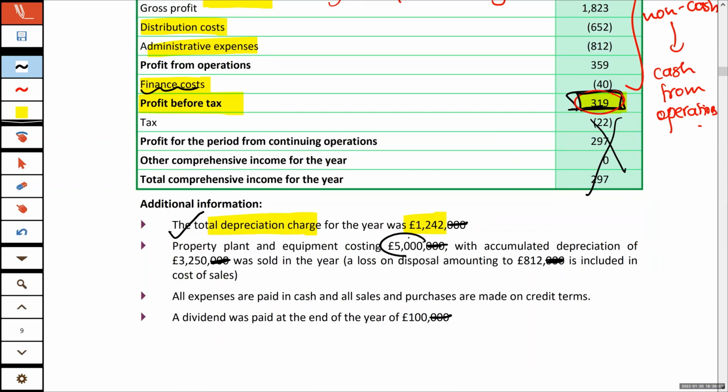Cost being 5,000, accumulated depreciation being 3,250. Therefore, carrying amount is cost of 5,000 minus 3,250, giving me carrying amount or net book value, as we may call it, 1,750.